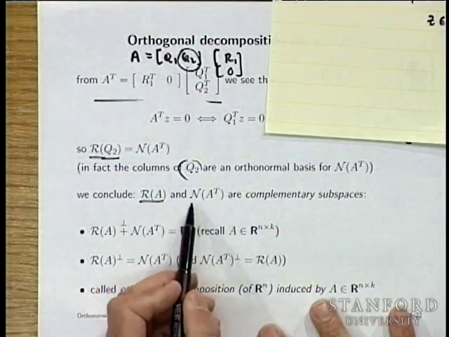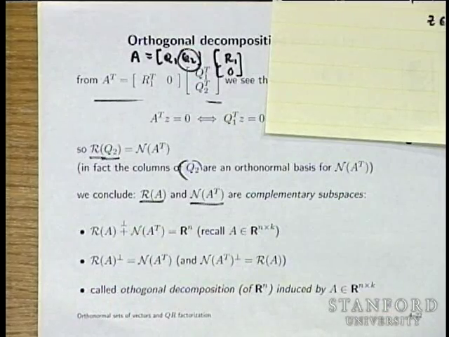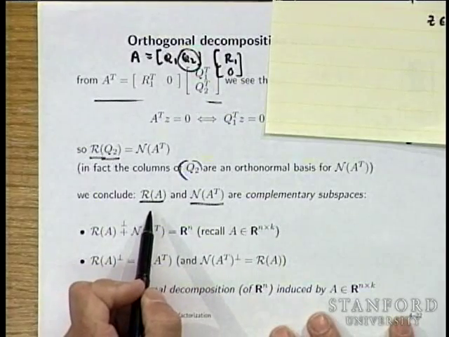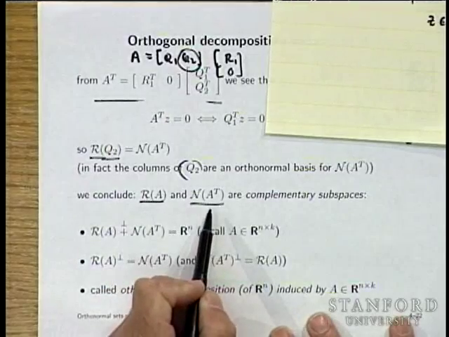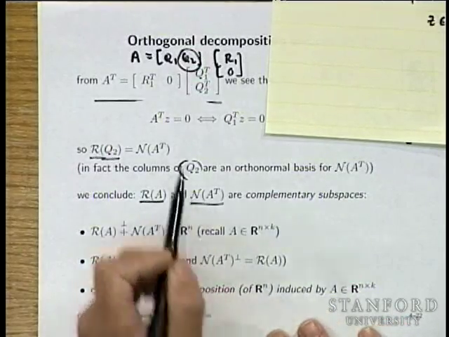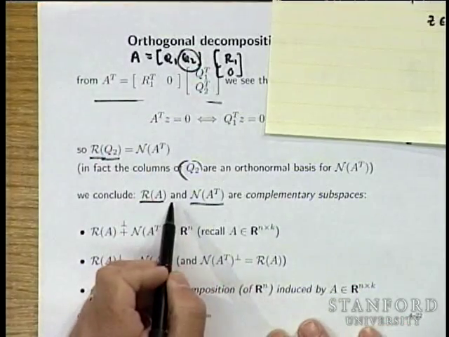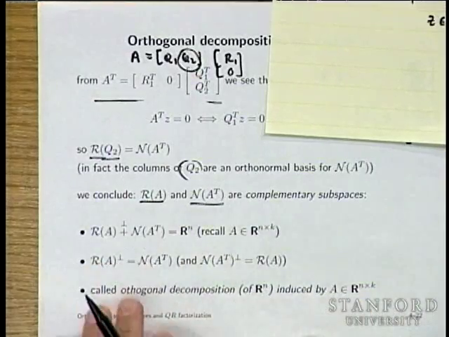And what you conclude is this. The range of A and the null space of A transpose are complementary subspaces. Indeed, one of these is the range of Q1, and the other is the range of Q2, obtained in this full QR factorization. So they are complementary subspaces.